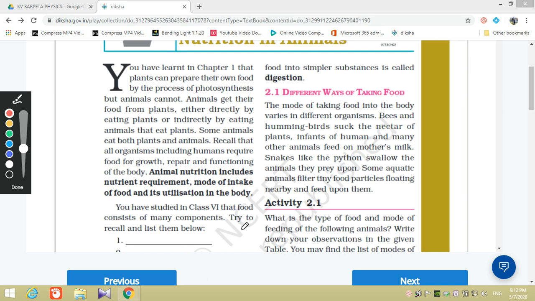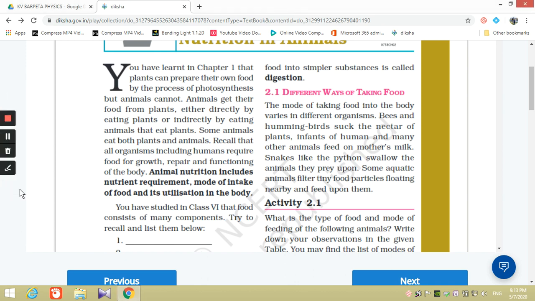First one is nutrient requirement. What type of nutrient is required by the animal body? Second, how food is taken by the animal, mode of intake. And the third is utilization. What is utilization? Utilization means how the food is being used by the organism.